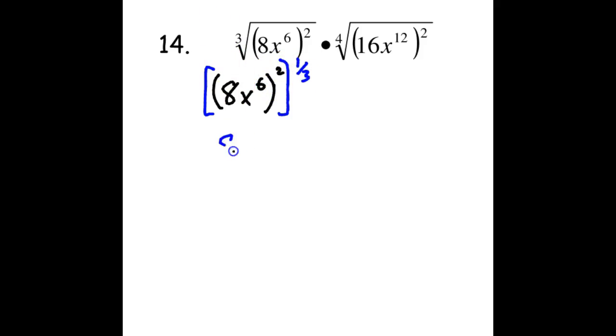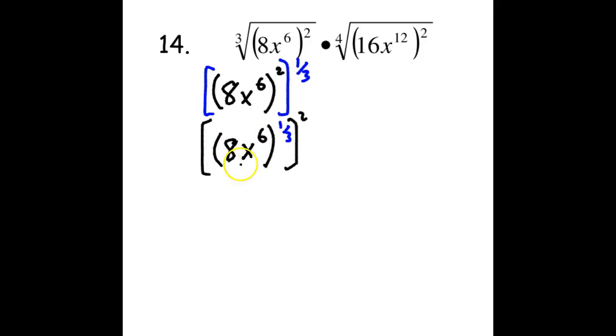So what I like to do is switch the order of the exponents. So keep that part the same, but I'm going to switch these two and make it to the 1/3 power, and then I'm going to square it. I just switch those two.